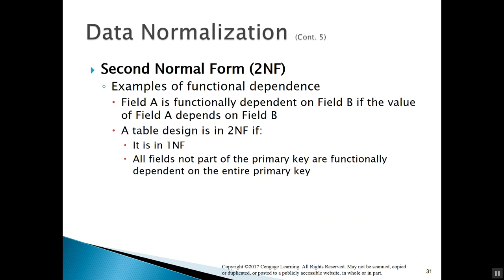We'll go to second normal form. A table is in second normal form if it's in first normal form and all fields not part of the primary key are functionally dependent on the entire primary key.